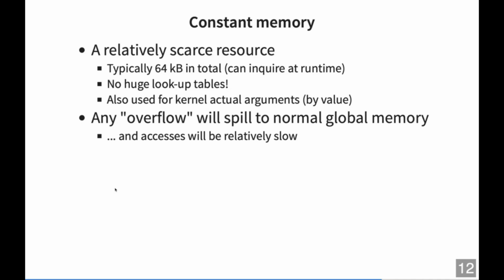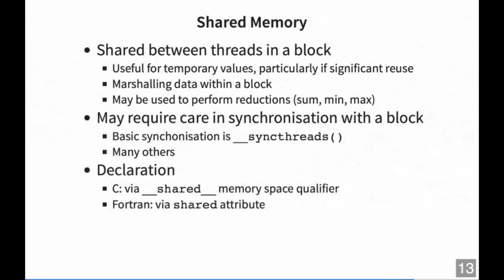And any overflow will just get spilled out to global memory with a corresponding penalty in performance access time. So that's something you can use if needed, and is there to be used.